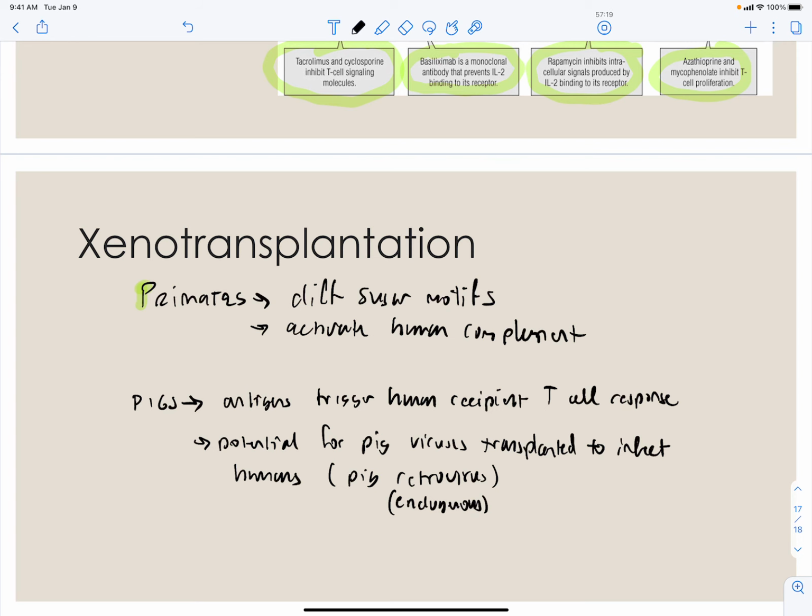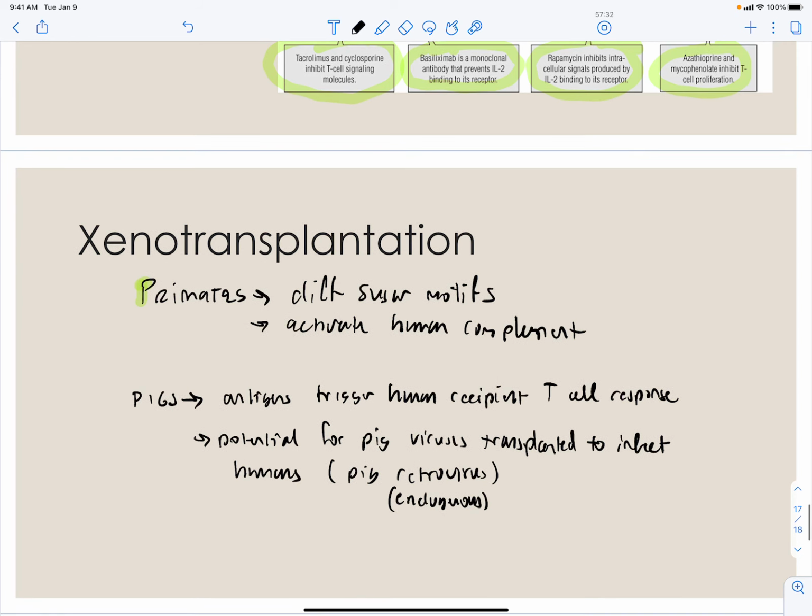In addition, in humans, we do screen for known human pathogens before a transplant is given. And there have been cases of rare zoonotic infection. So, for example, there's a virus called lymphocytic choriomeningitis virus, which is endogenous in rodent populations.